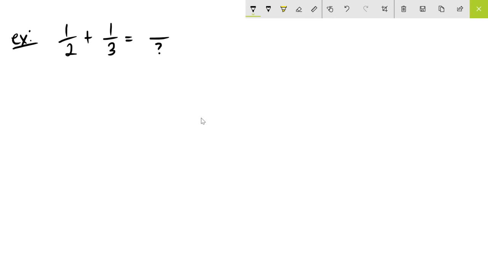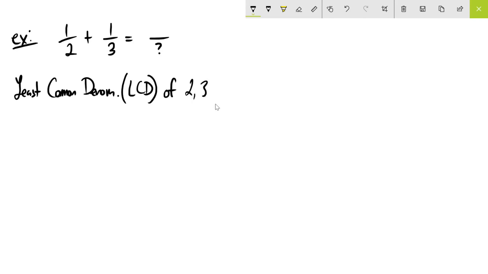And so we're going to take them up to the least common multiple, or what's called the least common denominator. Okay, so the least common denominator, which we'll just call LCD. All right? And so what we're really looking for is the least common multiple of 2 and 3, which we know is 6.